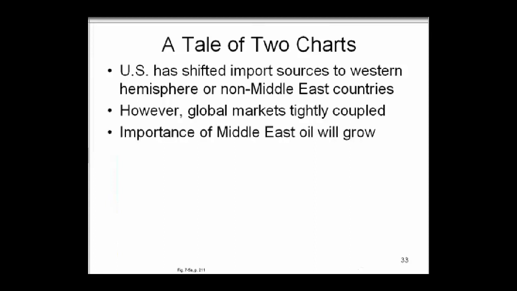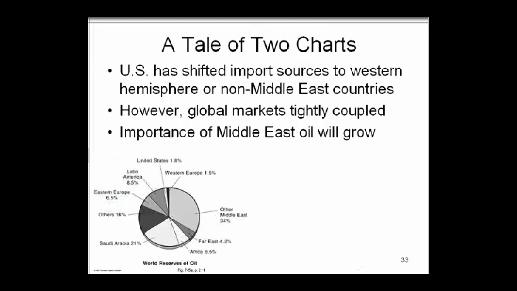However, it's very likely, given the sources of the oil and the reserves, the fact that the Middle East still has, together with Saudi Arabia, approximately 65% of the known oil reserves, and that the other sources of Latin America, Africa, these other small non-Middle Eastern sources simply will not be able to meet demand for a very long period of time.